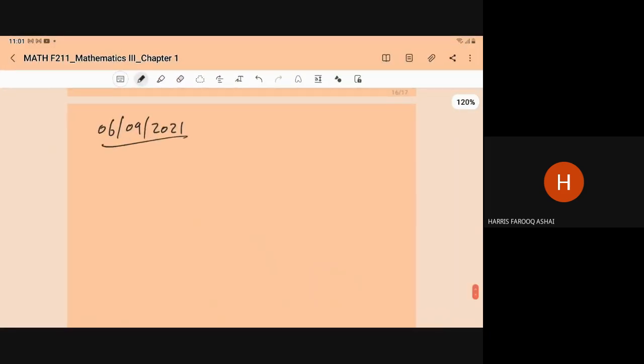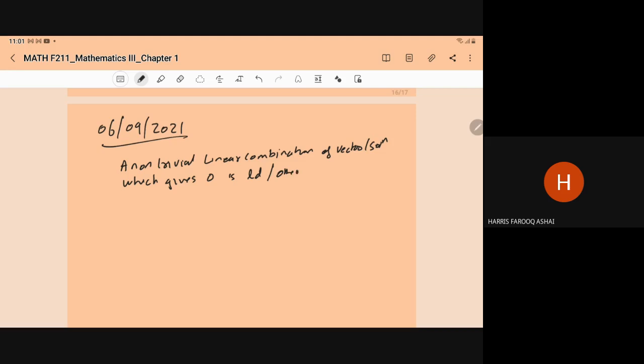Yes, yes. Actually, a non-trivial linear combination of vectors or solutions which gives zero is linearly dependent, otherwise linearly independent.